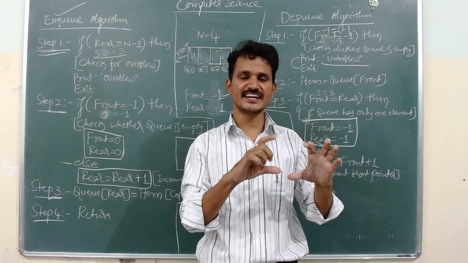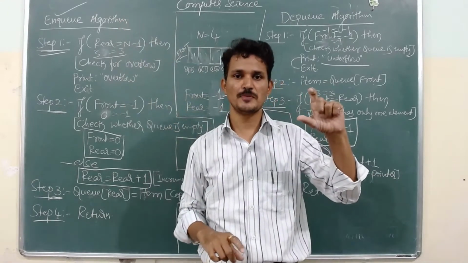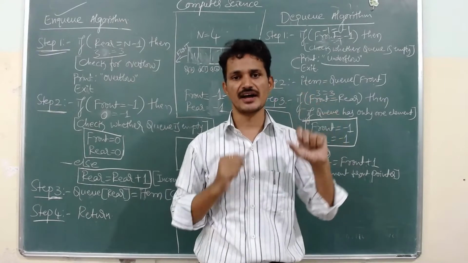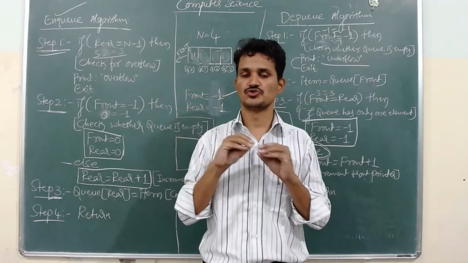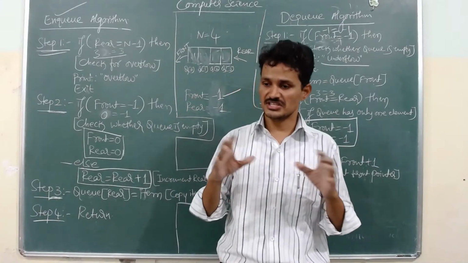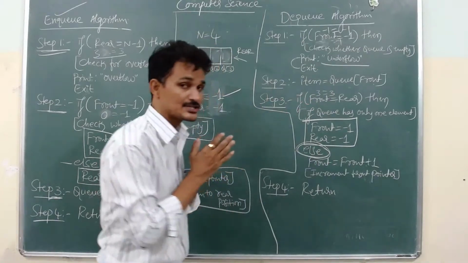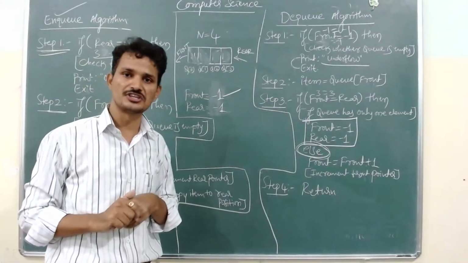This indicates the queue is full. You cannot insert more elements into the existing queue data structure. These are the two primary conditions one has to follow with the Enqueue and Dequeue algorithms.